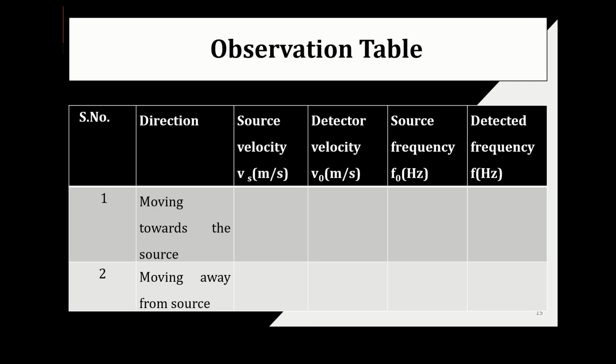When we do this in the manual lab, we just observe the frequency value from the detector, and see whether the frequency is increasing or decreasing. The detector gives the value, showing the frequency increasing when they move close to each other, and decreasing when moving away. These are the two values you have to take in this experiment.